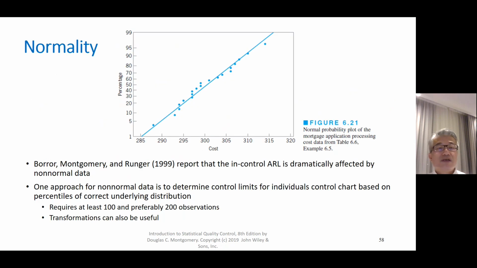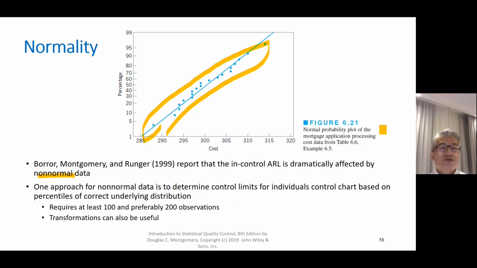Now, normality. More recently, still 23 years ago, Borror, Montgomery, and Runger reported that the in-control ARL is dramatically affected by non-normal data. For this example, the data is more normal, as expected.